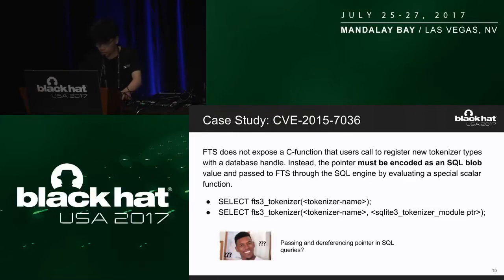If there are 2 arguments, the query registers a new tokenizer with the given parameters. Actually, there's no guarantee for the type of the blob in the SQL statement. So it could be very dangerous if you just pass and dereference a pointer in SQL queries.